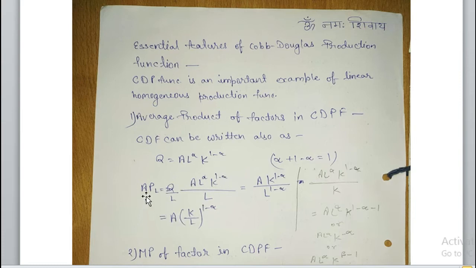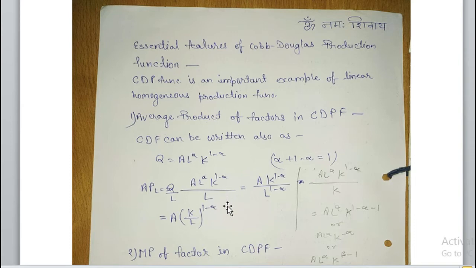So, now you know that average product of labor is equal to Q upon L. You know that to have average product of labor, you divide the total output by the total number of labor employed. So here in the numerator you have written the equation of Q, that is this one, right? You have written it as it is, and you put the L here.